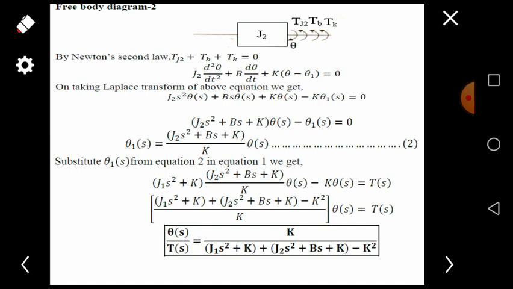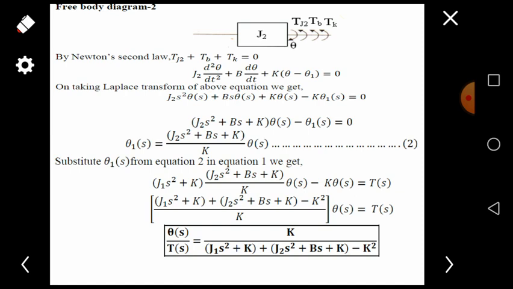We know that the Laplace of output divided by the Laplace of input is our transfer function. So we are taking this theta of s as common. We get J1 s squared plus k into J2 s squared plus bs plus k minus k squared, divided by k, into theta of s equal T of s.